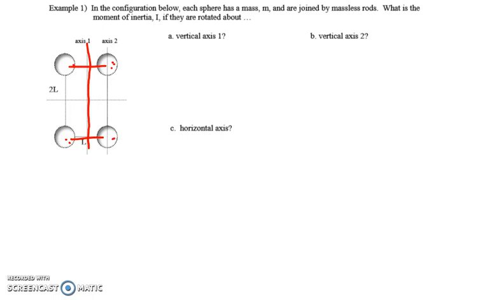So our I for that one is going to equal 4 spheres, each one has a mass of m, and each one is L over 2 away, and we've got to square the whole thing. You could do m times (L over 2) squared plus m times (L over 2) squared, etc., 4 times, but I'm just combining it all. Anyway, if we simplify that, that turns out to be nothing more than m L squared.